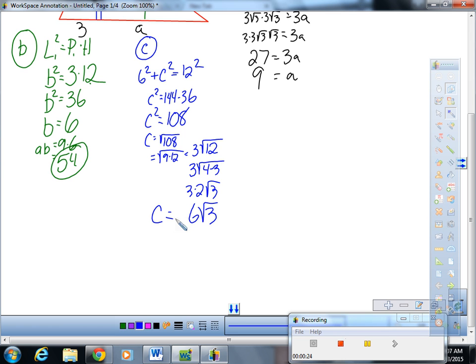So A plus B plus C is 6 plus 6 radical 3 plus 12, and that is 18 plus 6 radical 3.